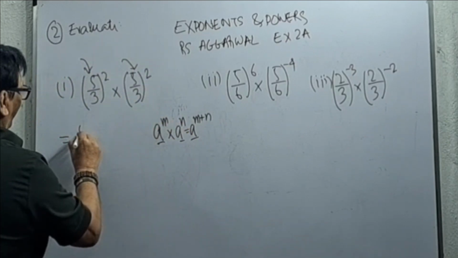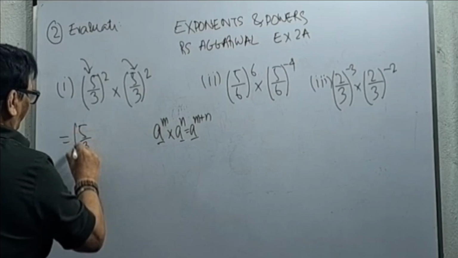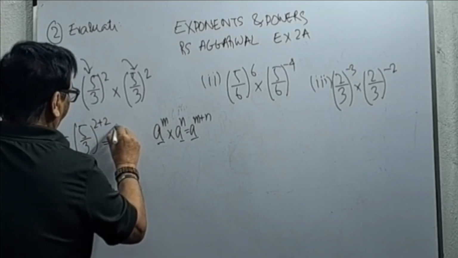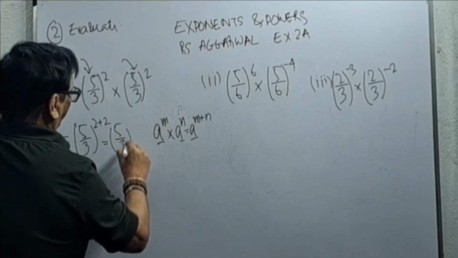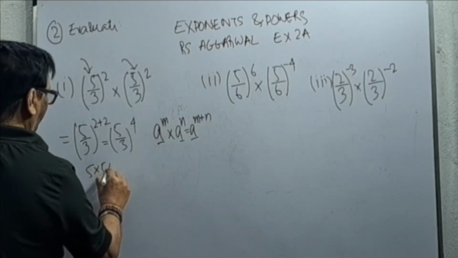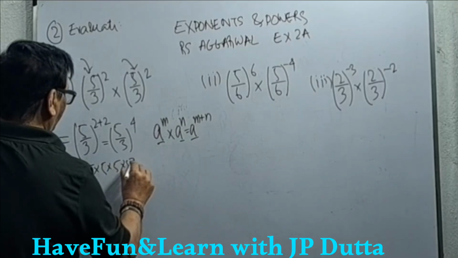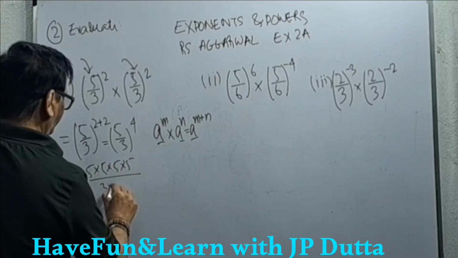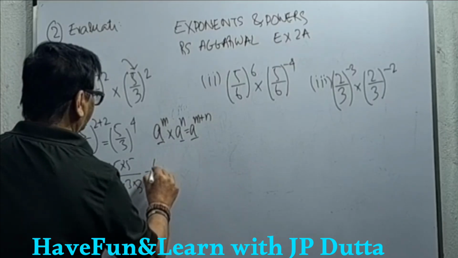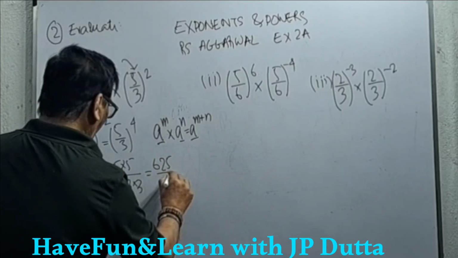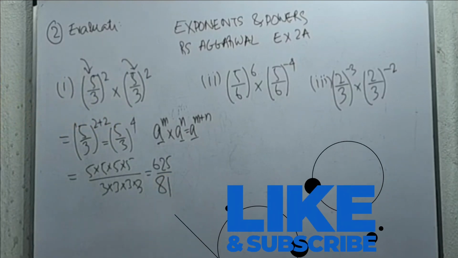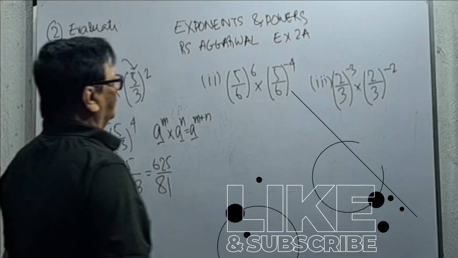So we get 5 by 3 power 2 plus 2, which is equal to 5 by 3 power 4, which is 5 times 5 times 5 times 5 by 3 times 3 times 3 times 3, which is 625 by 81. Correct?